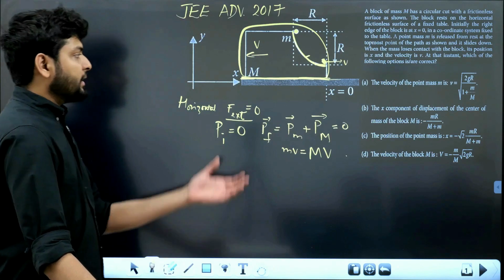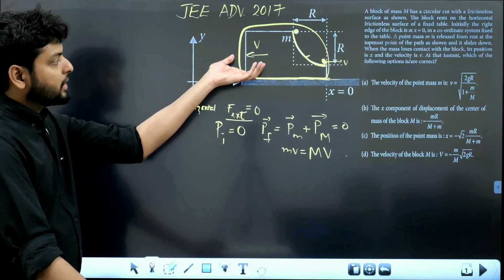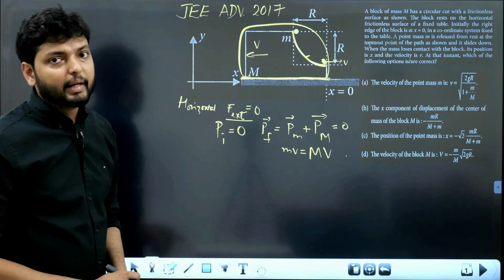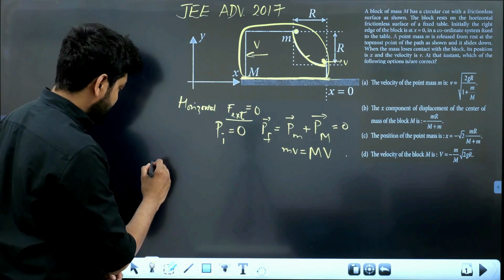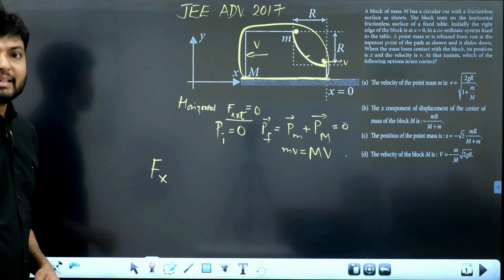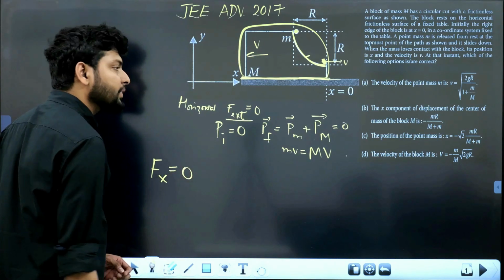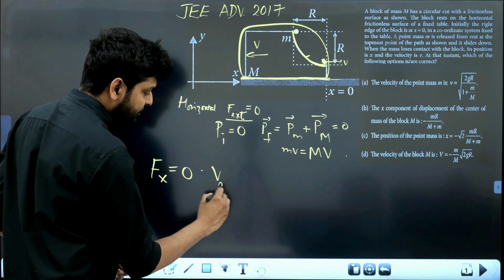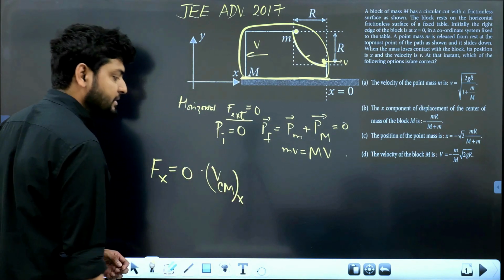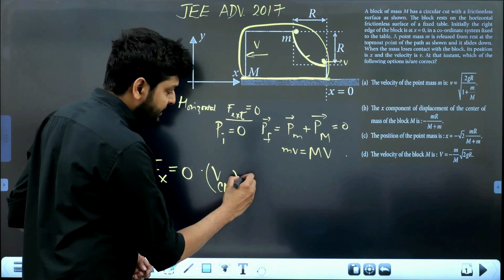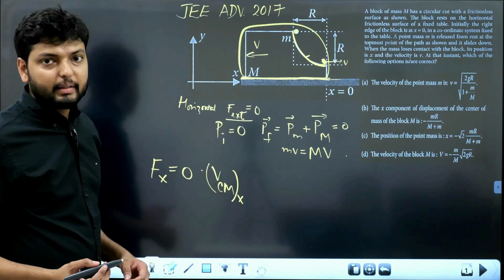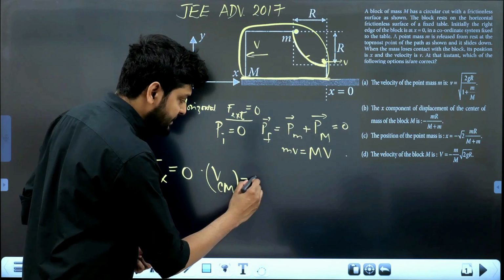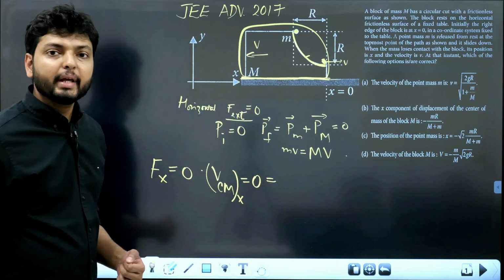Another conclusion that we can draw is about the position of the center of mass, right? Since F external in the x direction, in the horizontal direction, is equal to 0, I can say that the velocity of the center of mass in the x direction should remain unchanged. Velocity of the center of mass in the x direction cannot be changed. Initially that is 0, so finally also that should be 0.